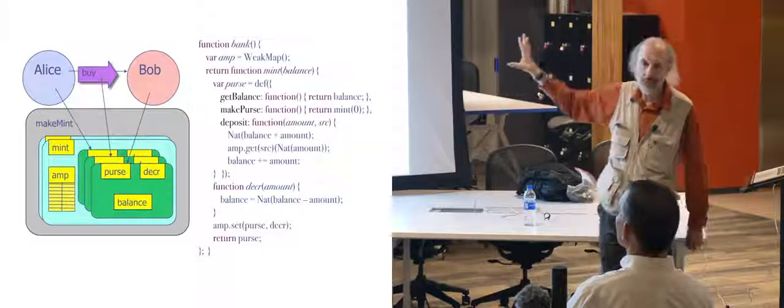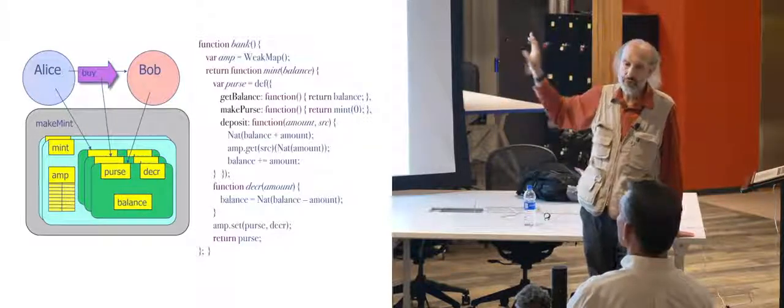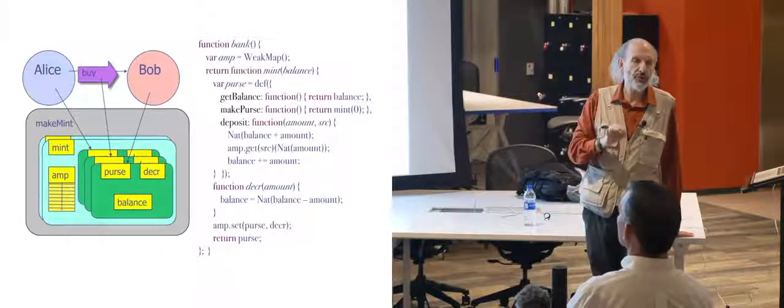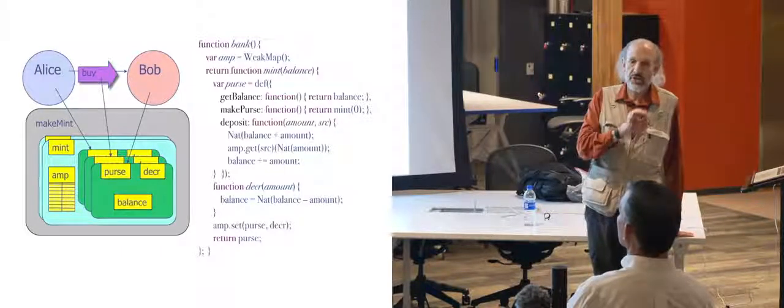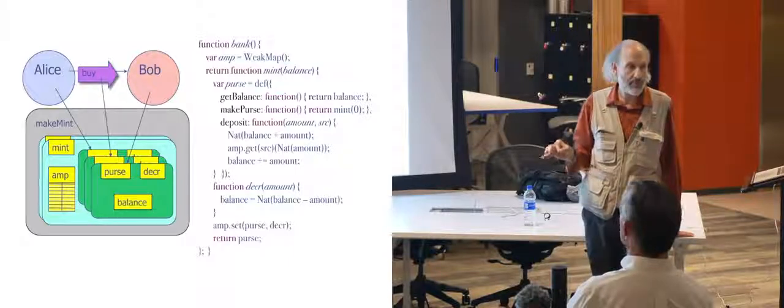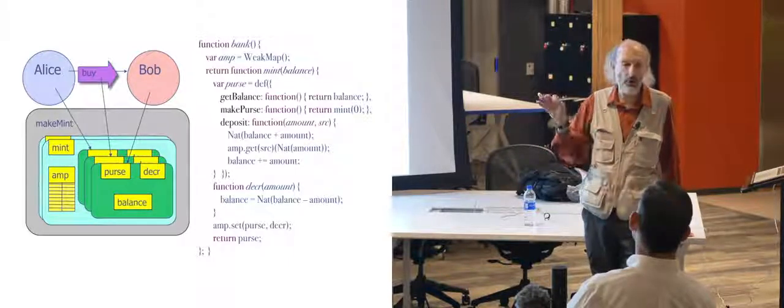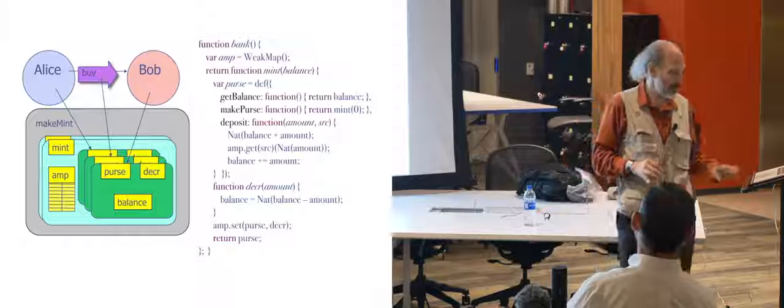So this code establishes or demonstrates that object capabilities are a good foundation such that the entire rest of the taxonomy can be easily built by patterns with the object capability foundation.